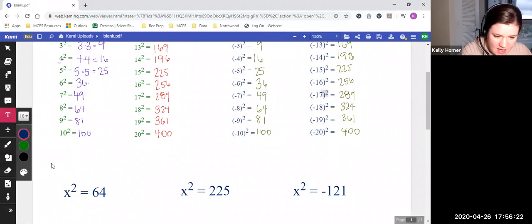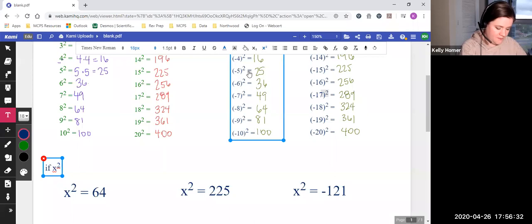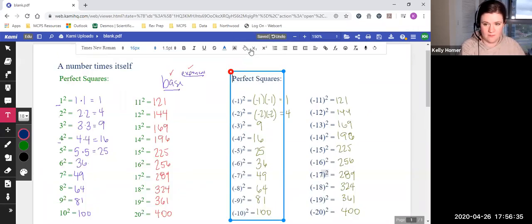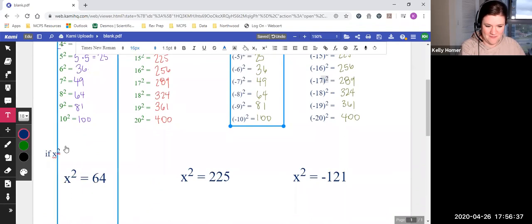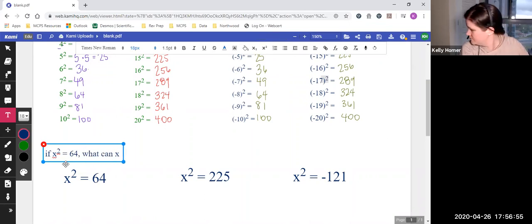So in my head, I ask myself this question: if x squared equals 64, what can x be?